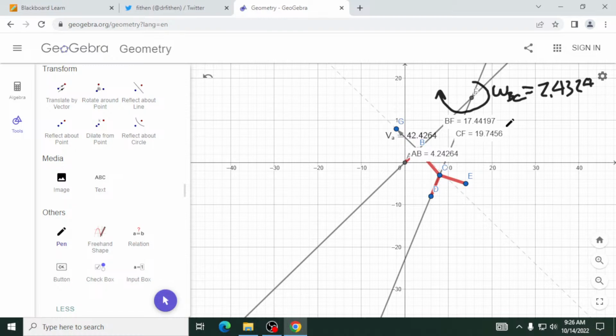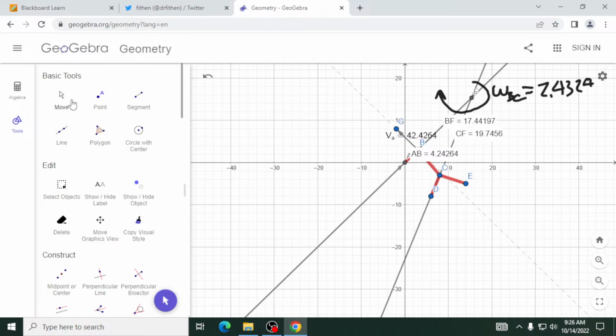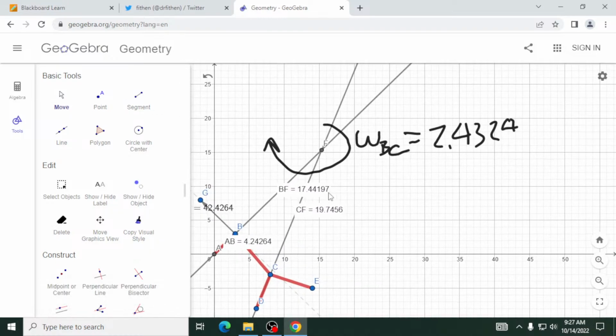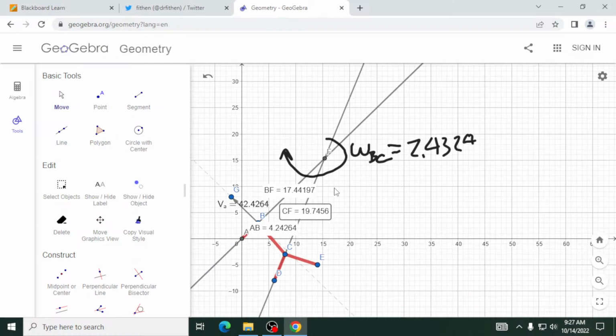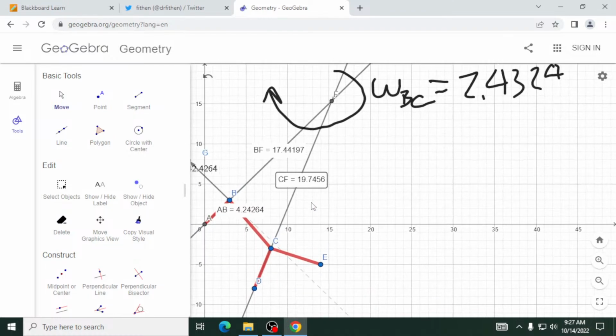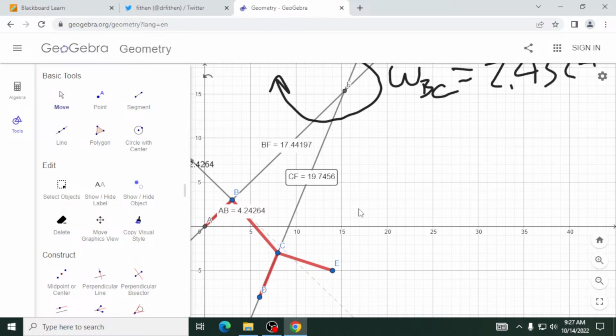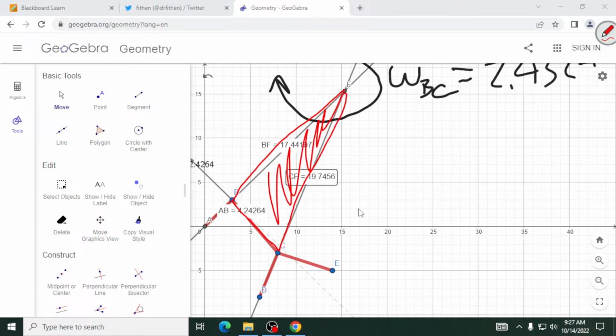Now, this will be interesting. Does it go with this? Oh, good. I didn't know you could move those around. Okay, so now that we've got that, we want to find the velocity at C. So the velocity at C, it's as if, at this point, this is some sort of object that is rotating like that.